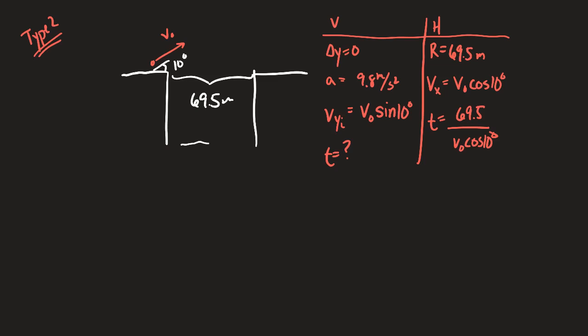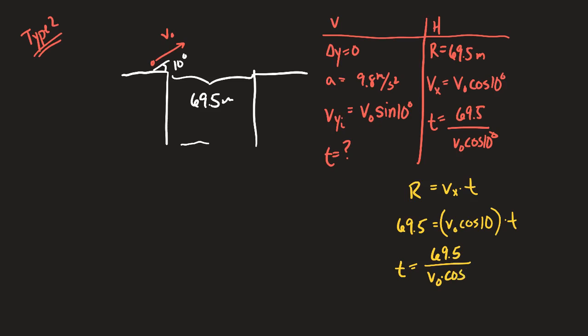So the rest of you who aren't putting your hand up, range equals Vx times t, or 69.5 equals V0 cosine 10 times t. So when I solve this for the time, I get 69.5 divided by V0 times the cosine of 10.